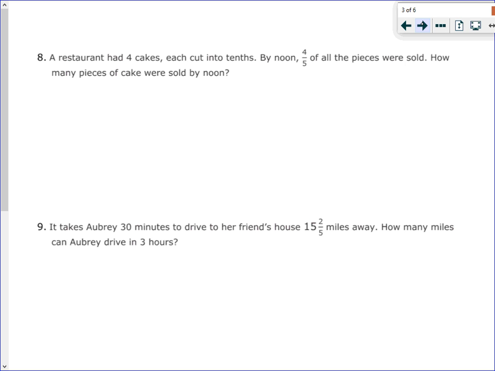Or you can do 4 times 4/5, and then, well, I would go ahead and just do it in the tenths first. So 4 times 1/10 tenths will give you, oh no, that's not right.